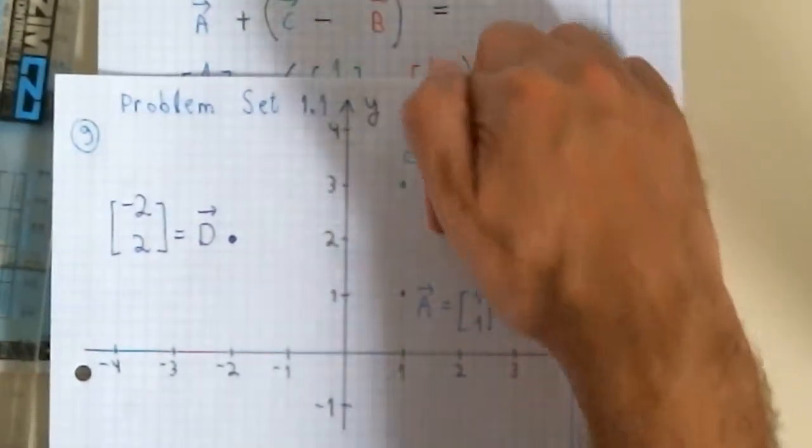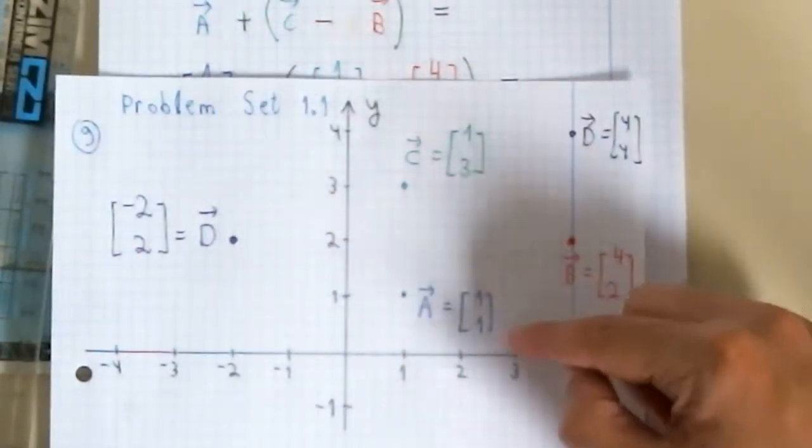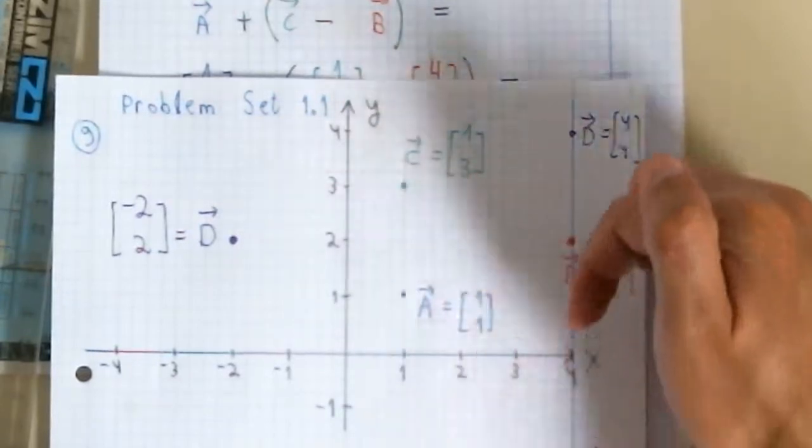Okay, so for example, the y coordinate would be negative. It would be 1 minus 3. It would be minus 2.